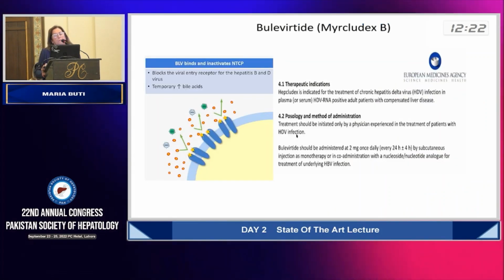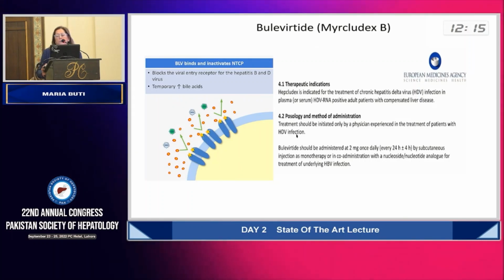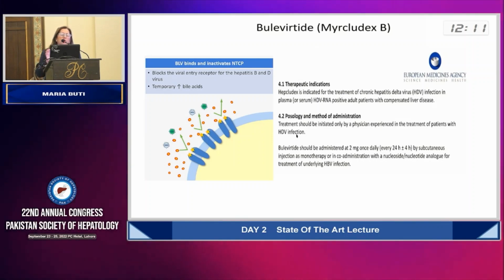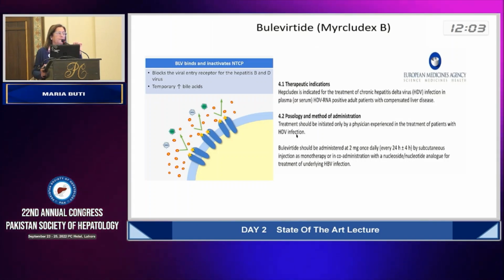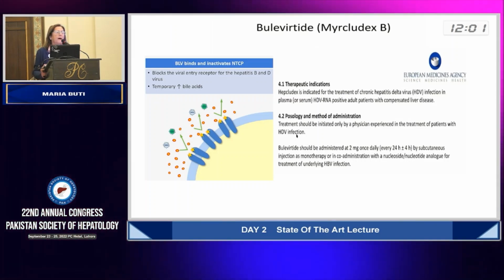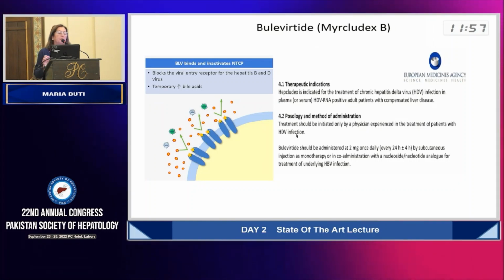So let's start with bulevirtide, that is the only drug now approved in the European Union by the European Medicines Agency. As you know, hepatitis B and hepatitis delta need a receptor to enter the cells and infect the hepatocytes. And bulevirtide is an entry inhibitor.